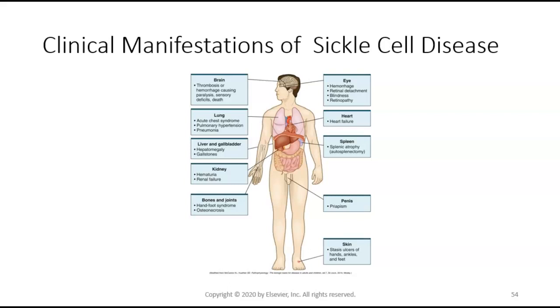Many serious complications. The splenic atrophy can lead to heart failure. Jaundice. Jaundice is a very common finding among patients with sickle cell disease. Priapism can be a sign, and then skin. Very common for people with sickle cell disease to have stasis ulcers, and they would be mostly hands, ankles, and feet.